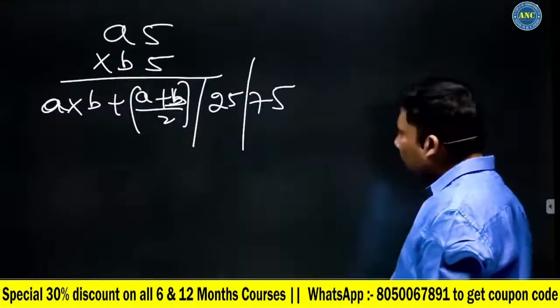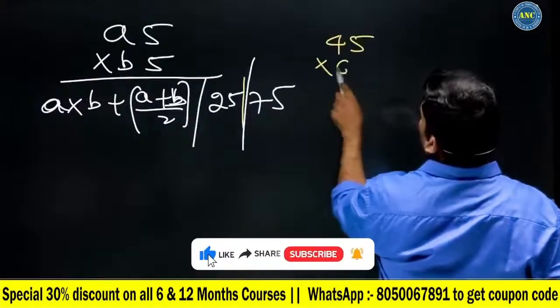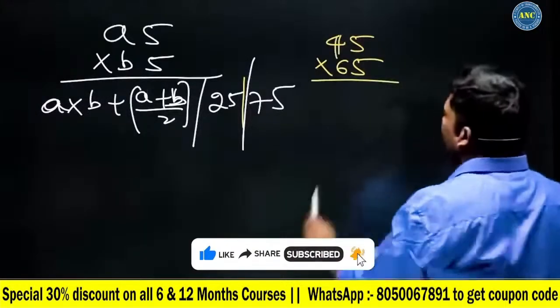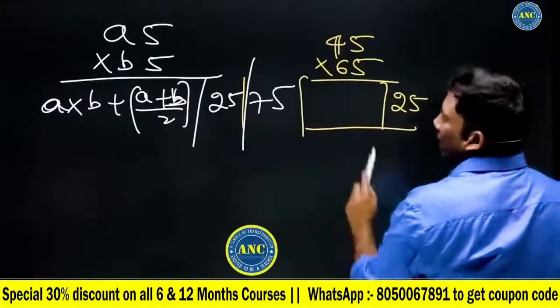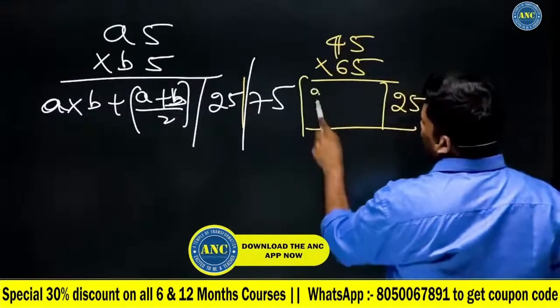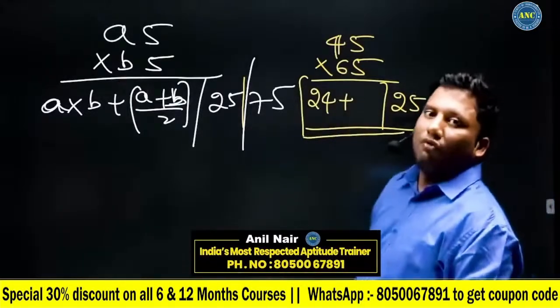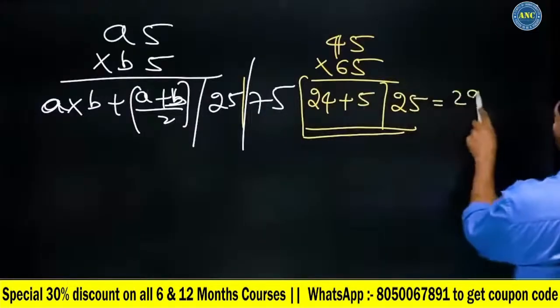First example, 45 into 65. Even 5 into even 5, last two digits 25. A into B: 4 sixes are 24. Plus (A plus B) by 2: 4 plus 6 is 10, 10 by 2 is 5. Answer is 2925.